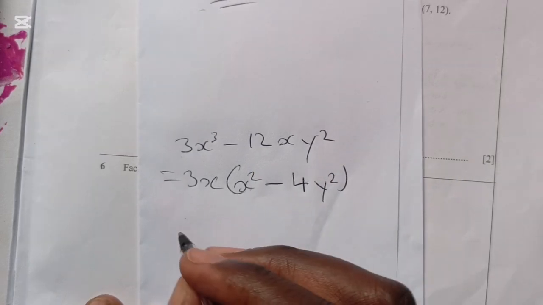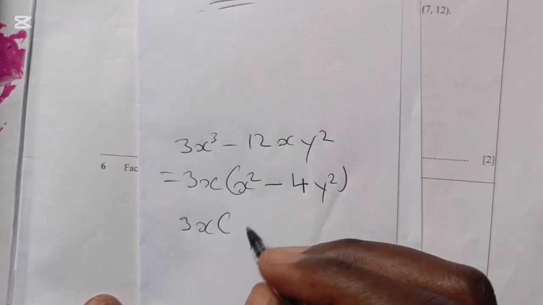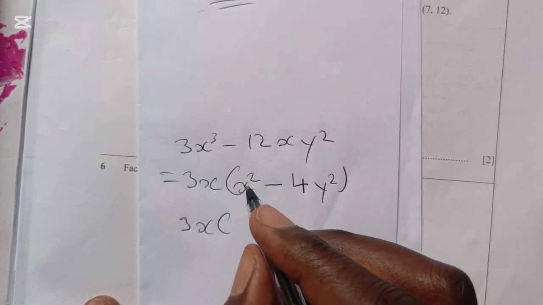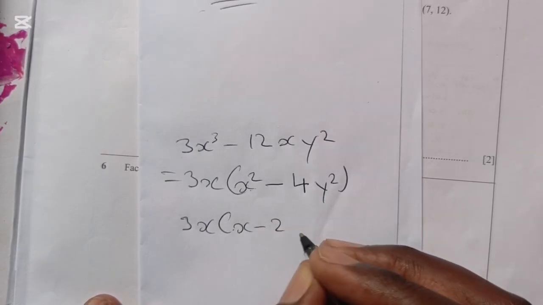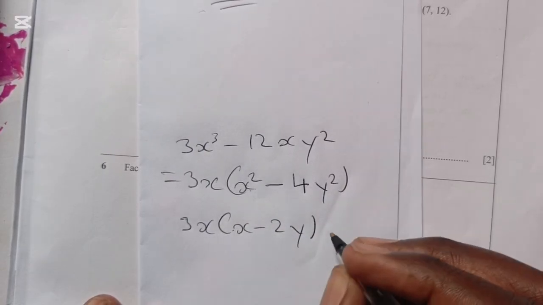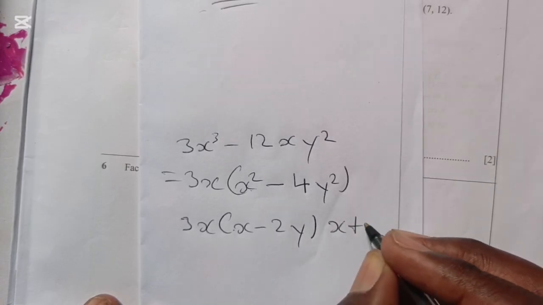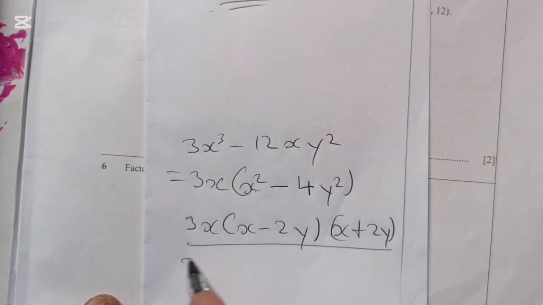So it's going to be 3x open bracket. So we're going to say again inside here, to simplify this one, x minus 2y close bracket. Again, we have x plus 2y close bracket. From here now, it is done.